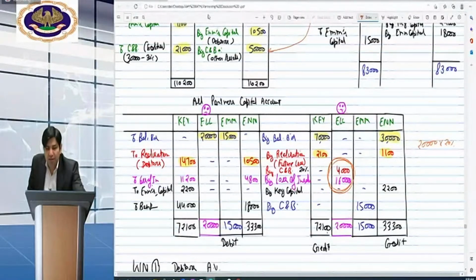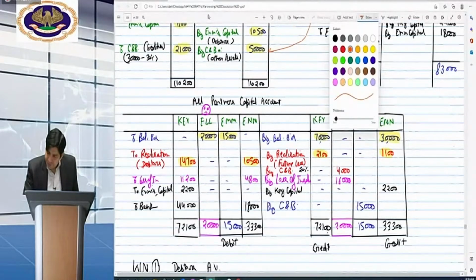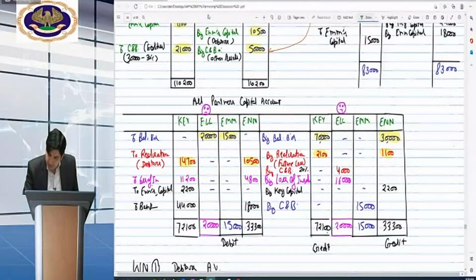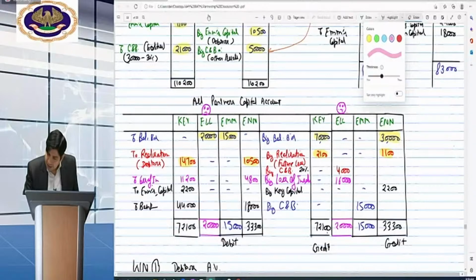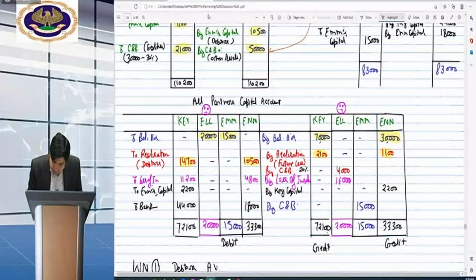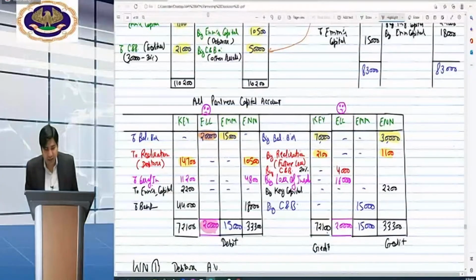Okay, Anuradha. See, beta, see how that has come. We have completed the L account. See, 20,000 is there. So the total balancing figure is 20,000.